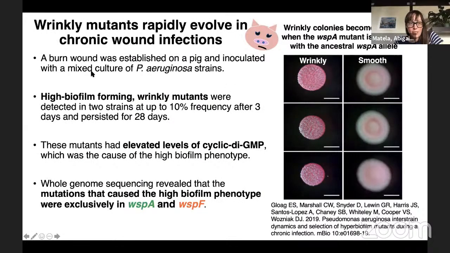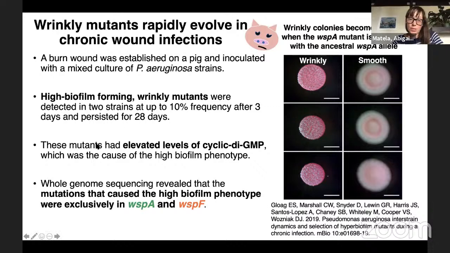Here's just one example that came partially from our lab, where they established, in this case, a burn wound on a pig, and then inoculated that burn wound with a mixture of different Pseudomonas aeruginosa strains and found high biofilm forming wrinkly mutants pretty quickly into the experiment, and they persisted throughout, for almost a month.